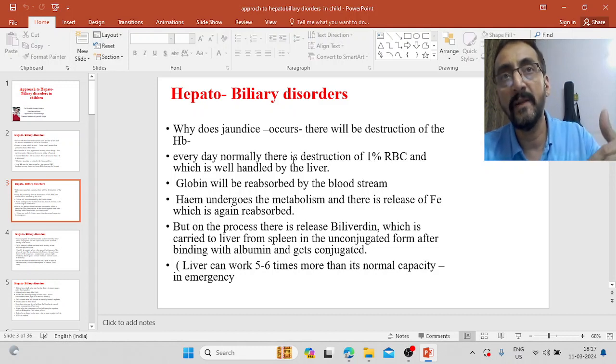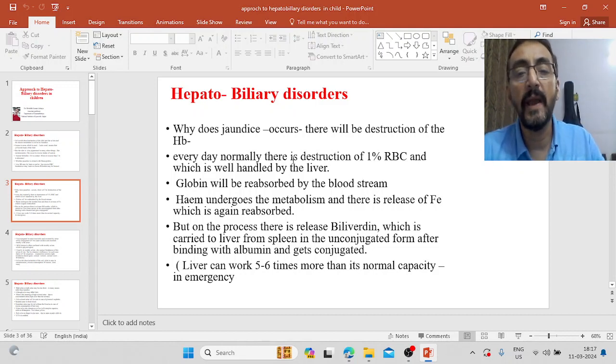So from the spleen, this particular biliverdin will be carried to the liver, and in the process it will combine with the albumin, and then after coming to the liver it undergoes conjugation. Before coming to the liver, this biliverdin combined with the albumin is usually called unconjugated, or also indirect bilirubin.